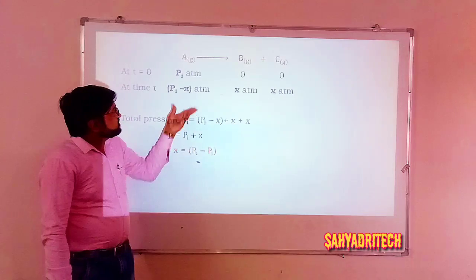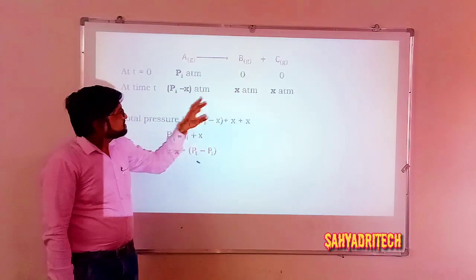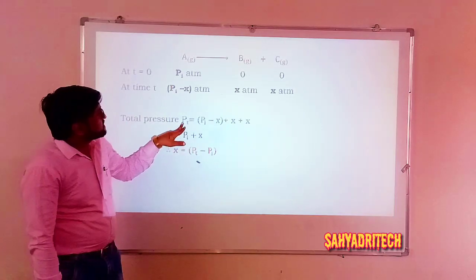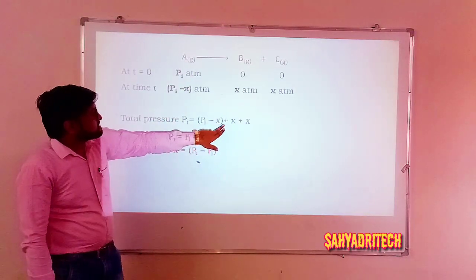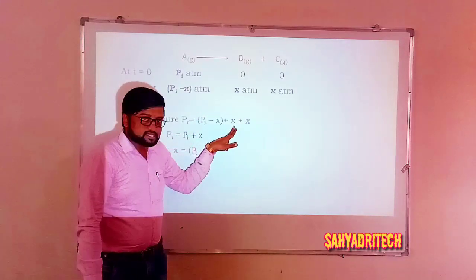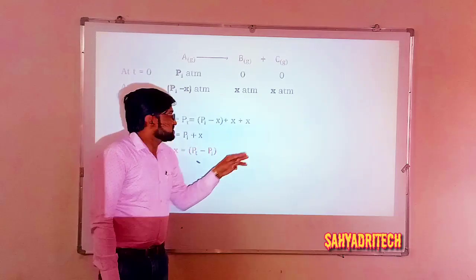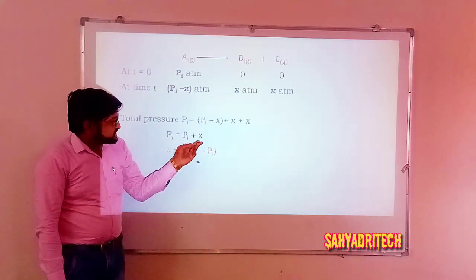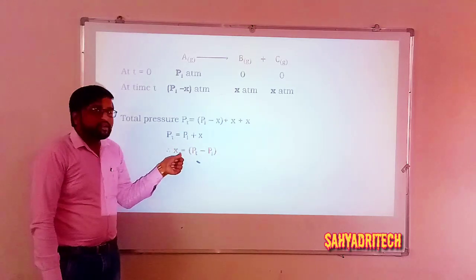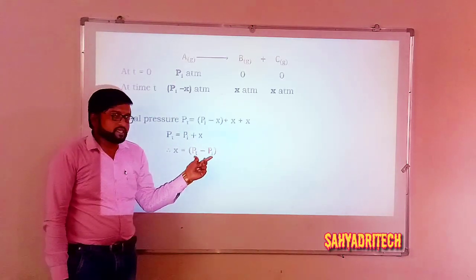Now, the total pressure at time t, that is Pt, is equal to the sum of the pressures of all the components. So at time t, total pressure Pt is equal to Pi minus X, plus X atmosphere for B, plus X atmosphere for C. Simplifying, Pt is equal to Pi plus X, so X is nothing but Pt minus Pi.